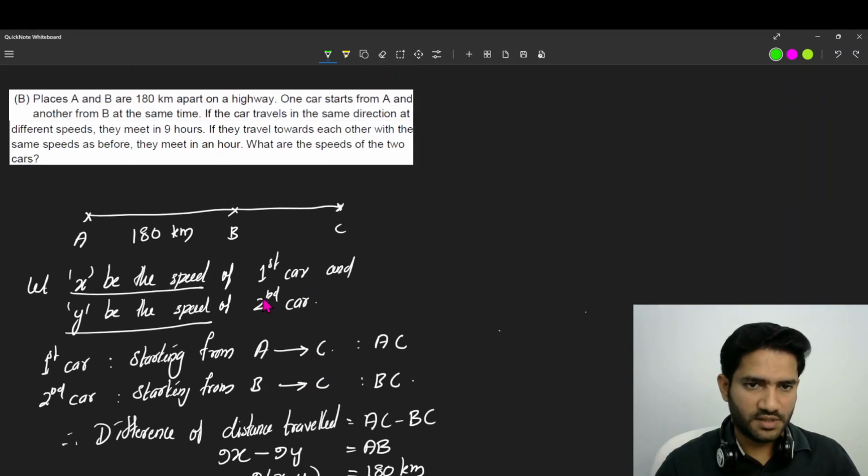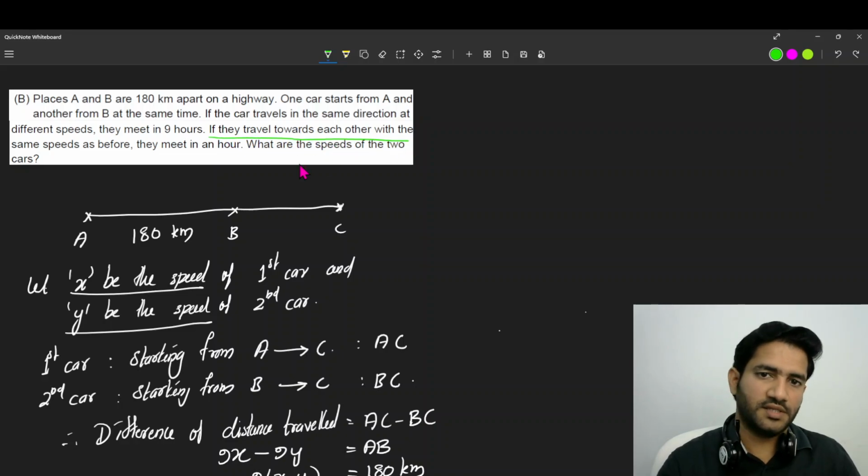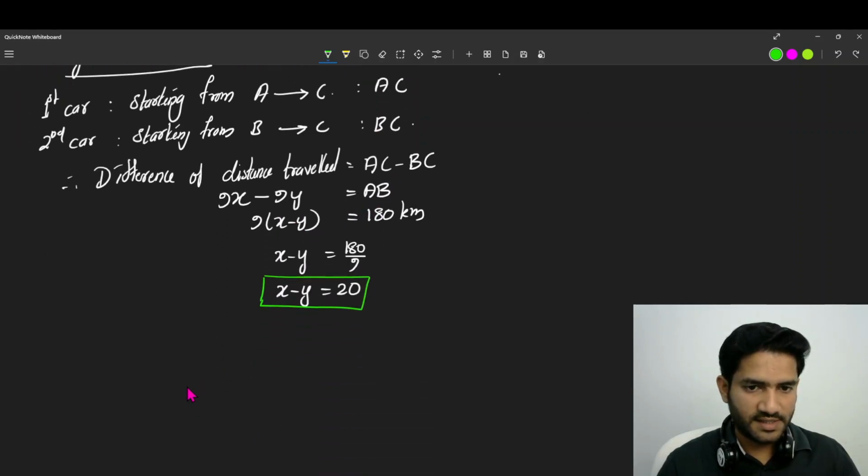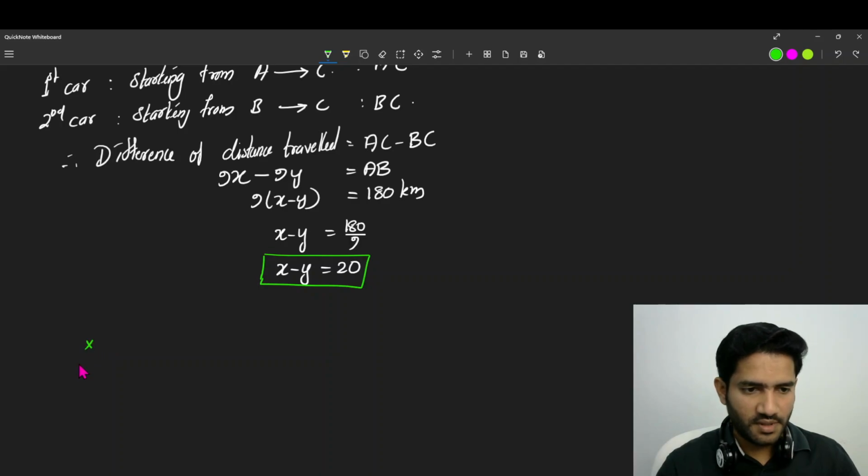Then look at the second condition. If they travel towards each other, consider the second case. A is here, B is here. First car is starting from A, second car is starting from B, towards each other.